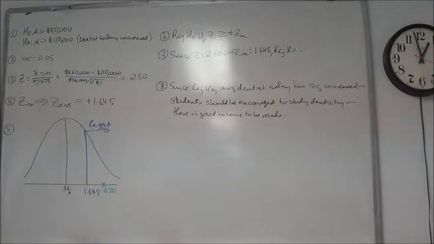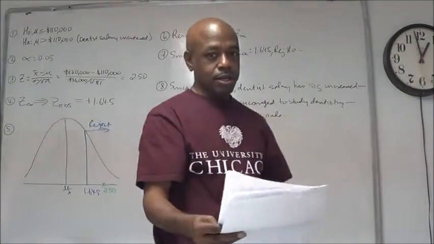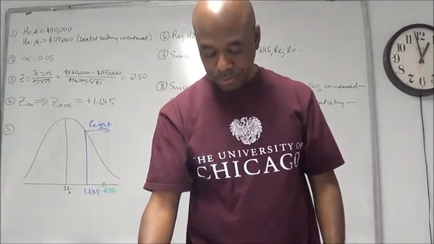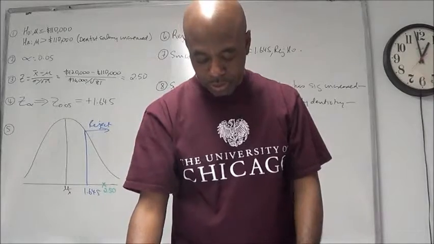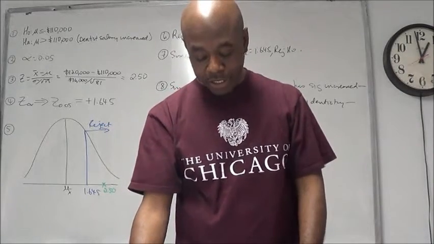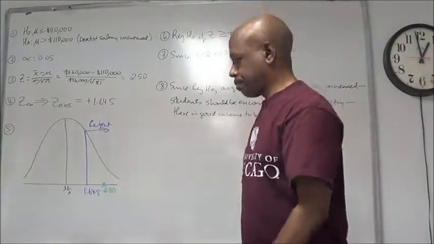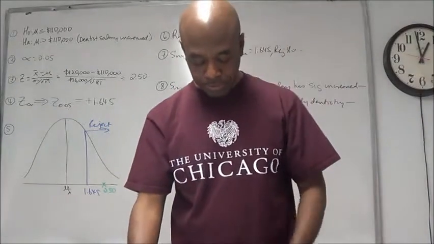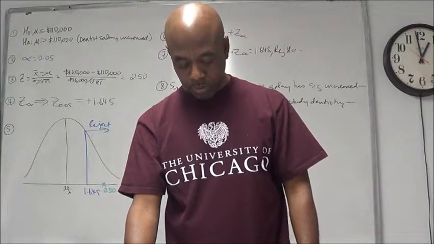The sample showed an average of 42.8 miles per gallon, with a standard deviation of 1.2 miles per gallon.